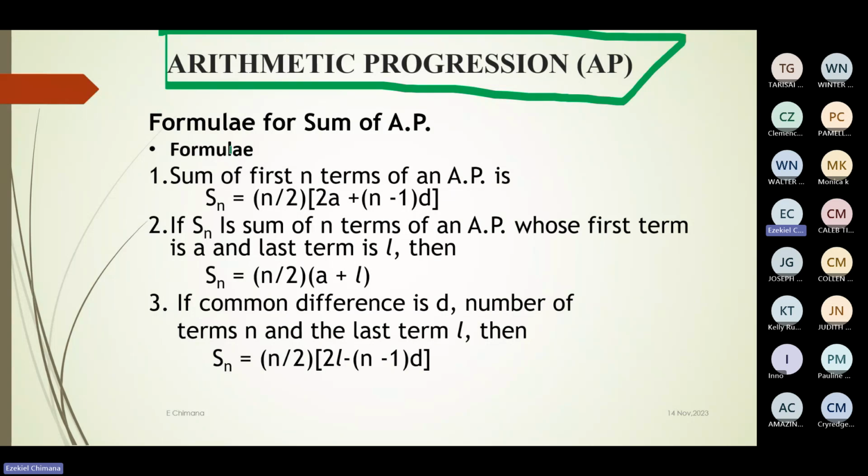Okay, so this one, arithmetic progression, is a special type of sequence which follows some rules, some order.